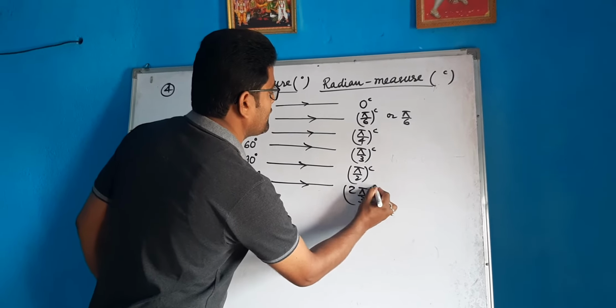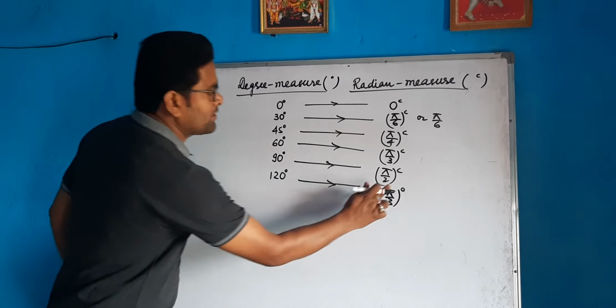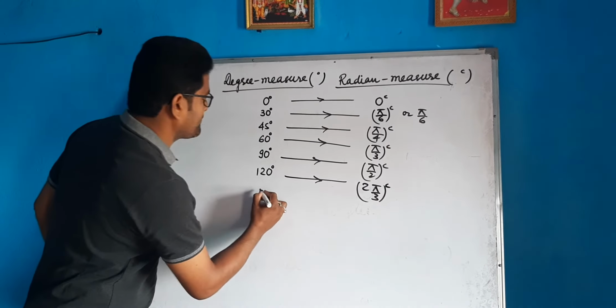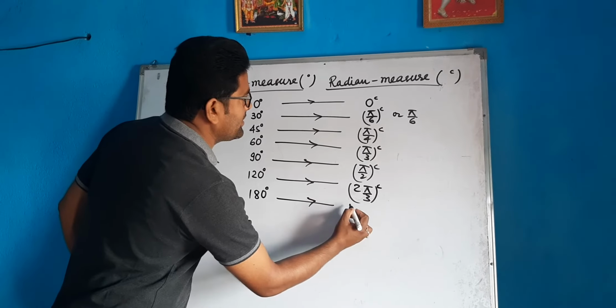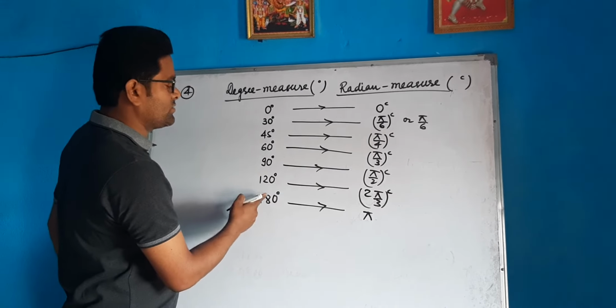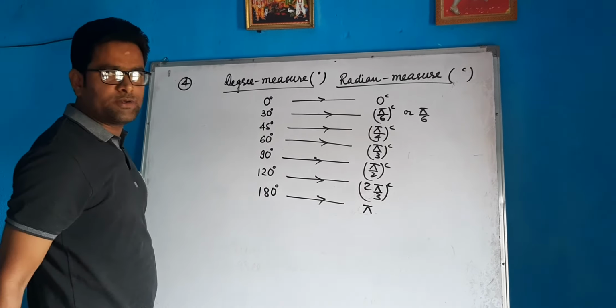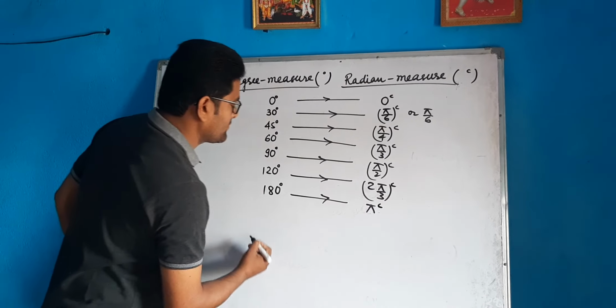You can simply see from here, pi by 3 is 60, so 120 is 2 pi by 3. And here you will put the symbol C. 180 degrees will be pi radian. See, pi by 2 is 90 degrees, so twice of that, 2 pi by 2, the 2 gets cancelled, it is pi radian.